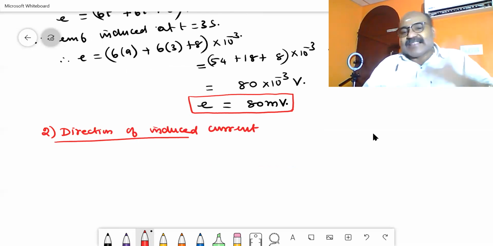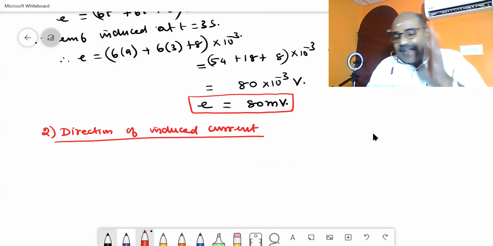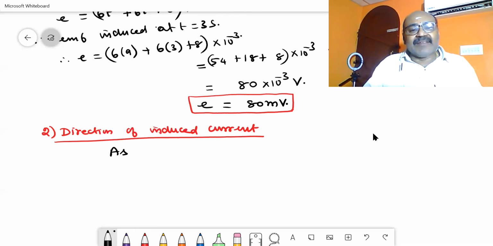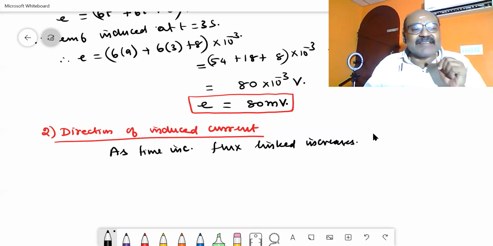As time increases, the flux linked with the loop also increases.